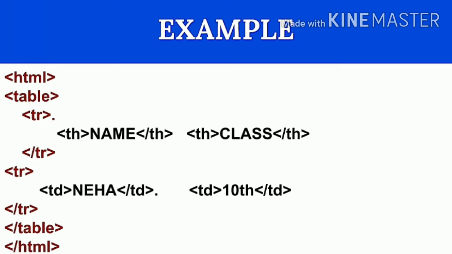In the first row I use two table headings, name and class. Name and class will be shown in the heading of the table. In the next row, I use the table data for these two. So, the data should be related to the table heading.